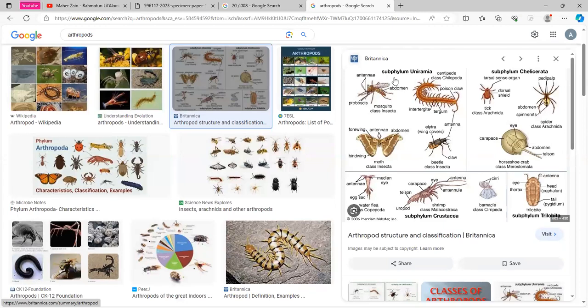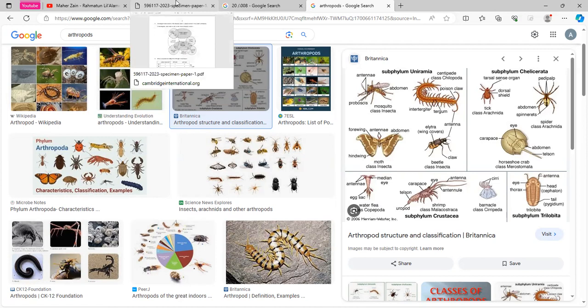Some of the common features of arthropods are that they are all segmented, have antennae, and have an outer layer of chitin. The most important thing is that they are invertebrates. Some of them, such as millipedes and centipedes, have numerous legs, whereas others such as insects have a minimum of 6 legs.